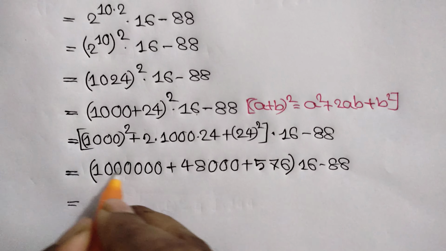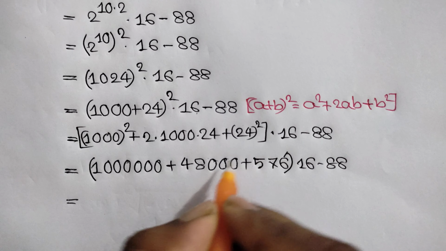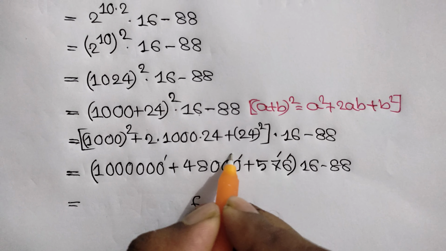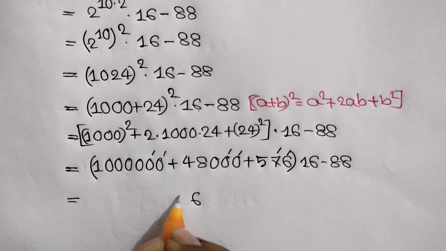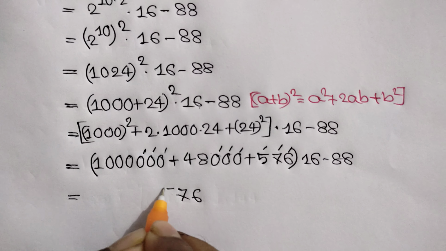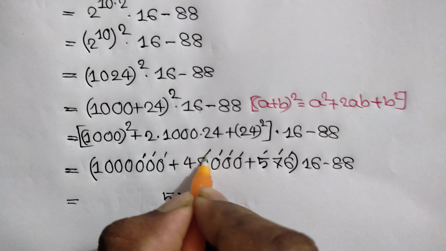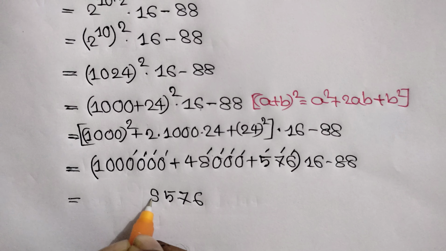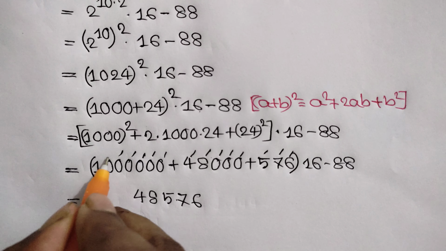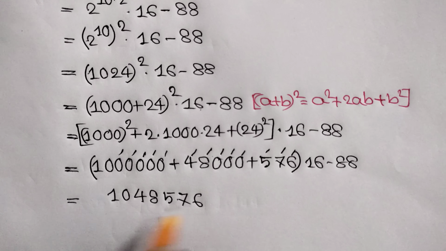Now adding these three numbers: 6 plus 0 is 6, 7 plus 0 is 7, 5 plus 0 is 5, 8 plus 0 is 8, 4 plus 0 is 4.